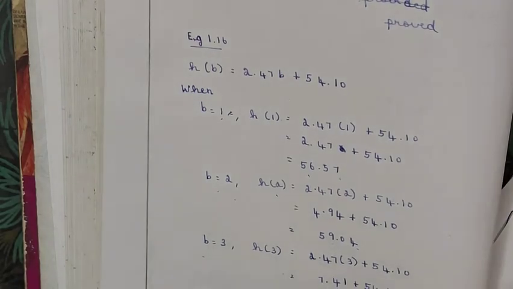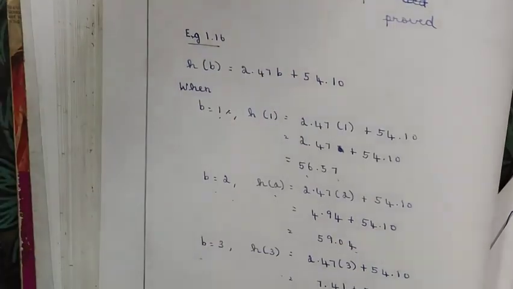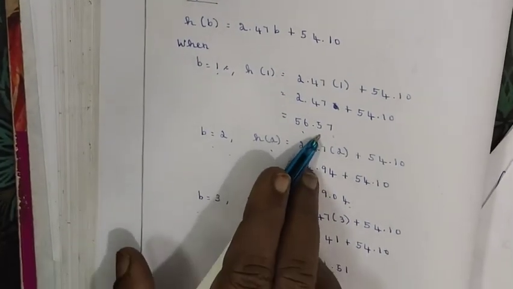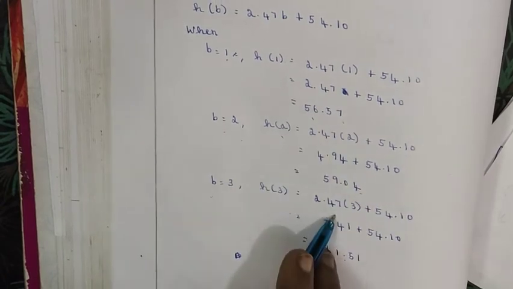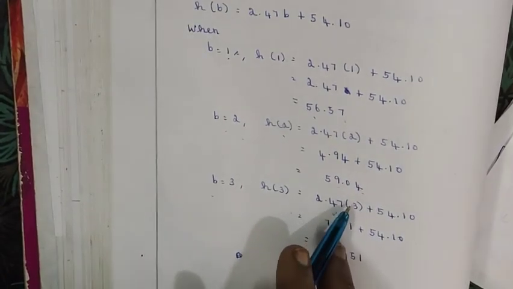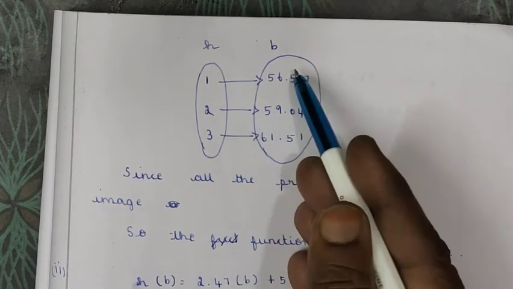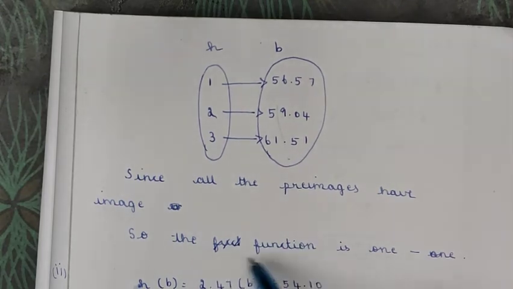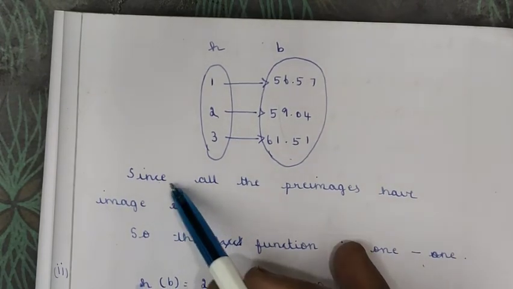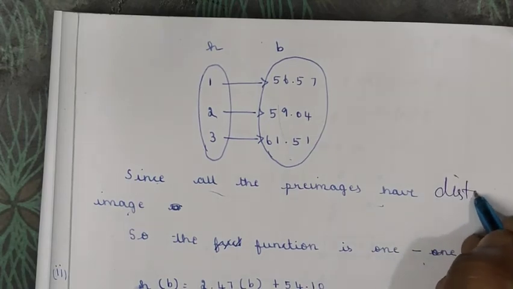B equal to 3 gives you h of 3 as 61.51. Now when you go through all these values, all are distinct. When we represent the values in an arrow diagram, all have distinct images. So the function is 1 to 1, since all the pre-images have distinct images.